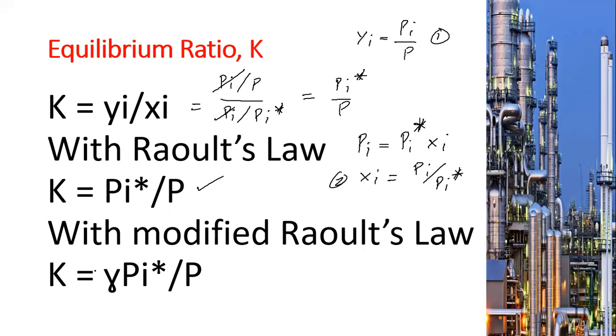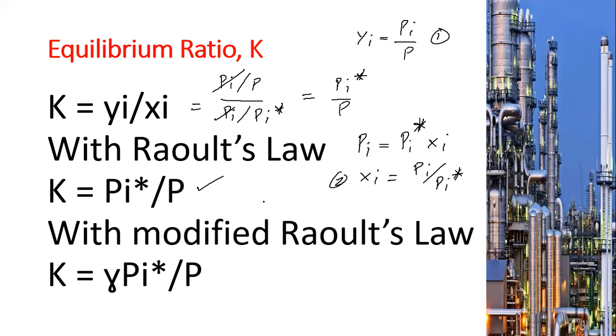Question? Pag naman sa activity, di ba, pag modified Raoult's law, ang mangyayari, yung X sub I, papalitan natin ng gamma I, A sub I. Okay?